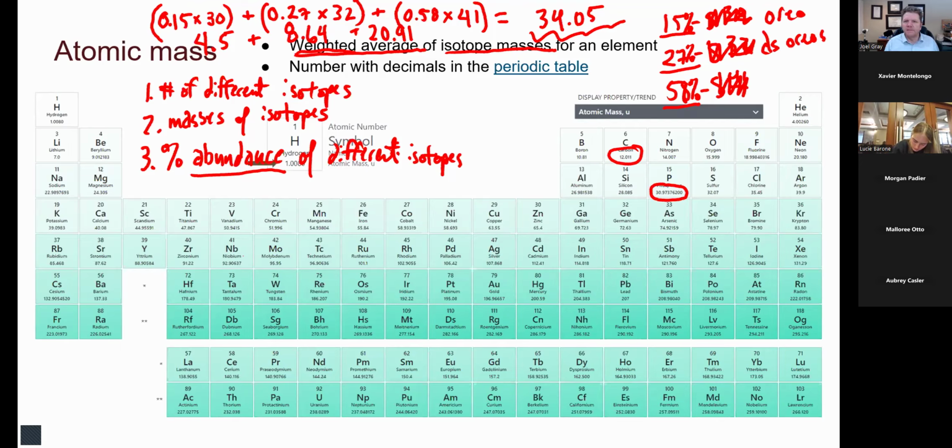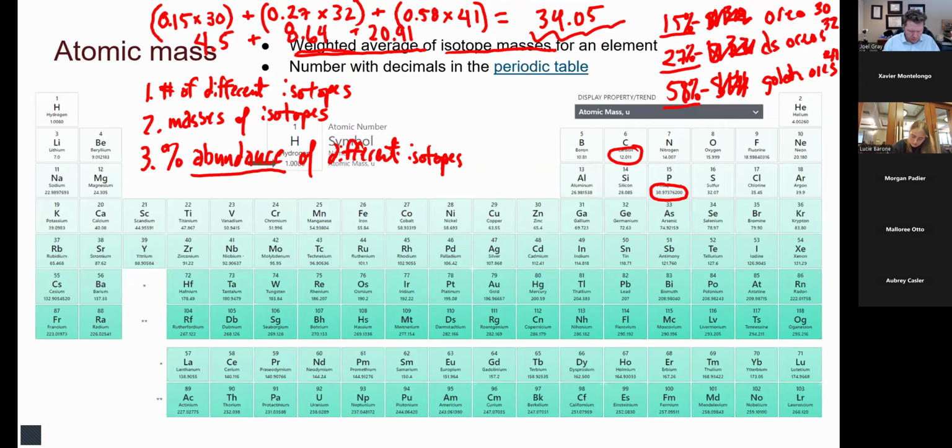And then 58% are golden Oreos. All these have different masses. Let's say that the Oreos are 30, double stuffs are 32, and golden are 41 grams.